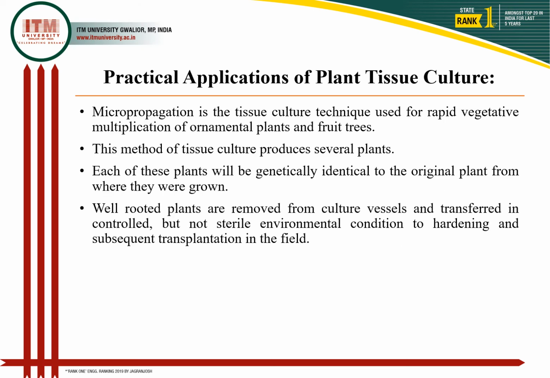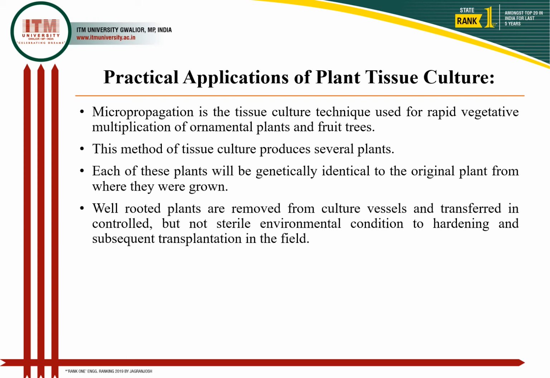Another application that we have to discuss is plant tissue culture related. We know that micropropagation is one of the tissue culture techniques which is used for vegetative multiplication of ornamental plants or fruit plants. So you can produce a very large number of plants from very small plant material such as an explant, and each of these plants will be a clone, genetically identical to the original parent.